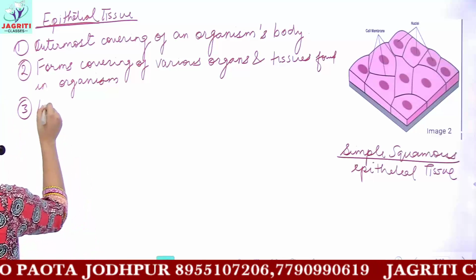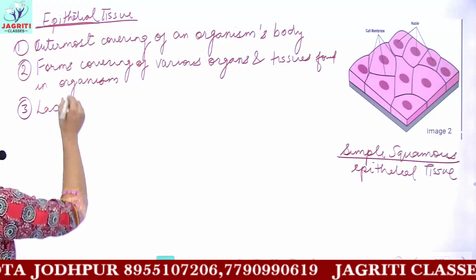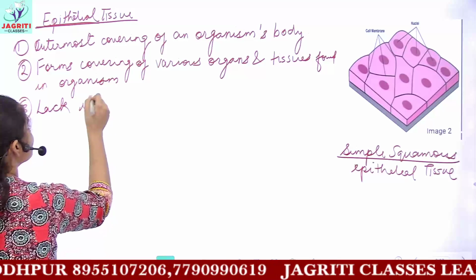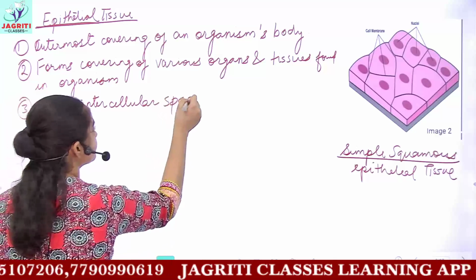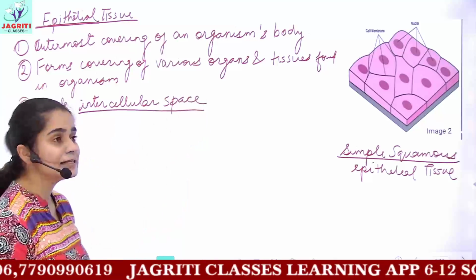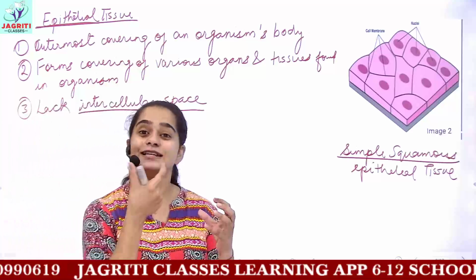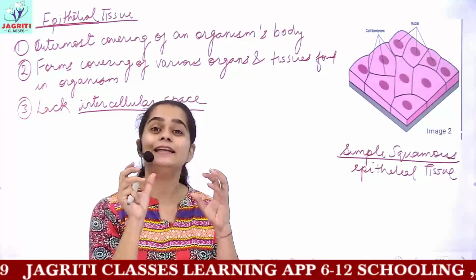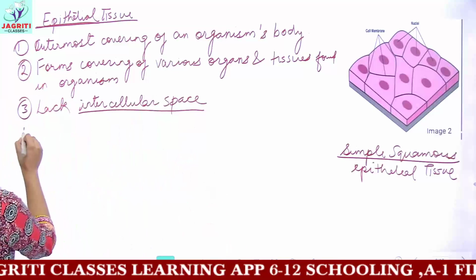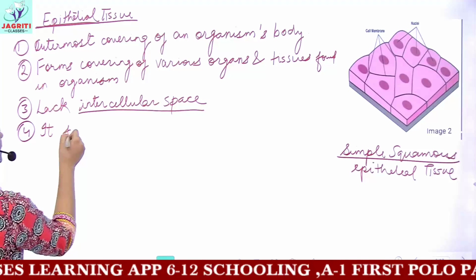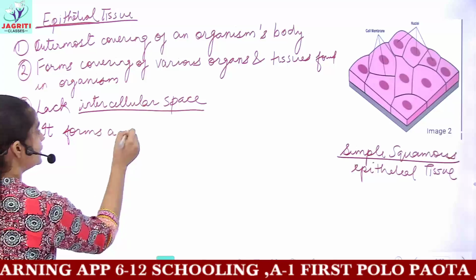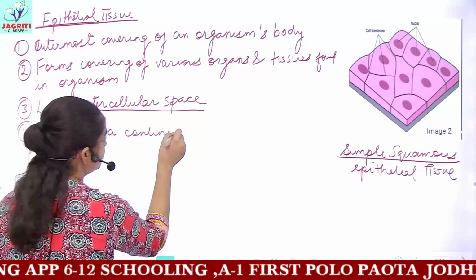So epithelial tissue lacks intercellular space, meaning it does not have any distance or vacant region between two cells, and thereby this tissue forms a continuous layer.